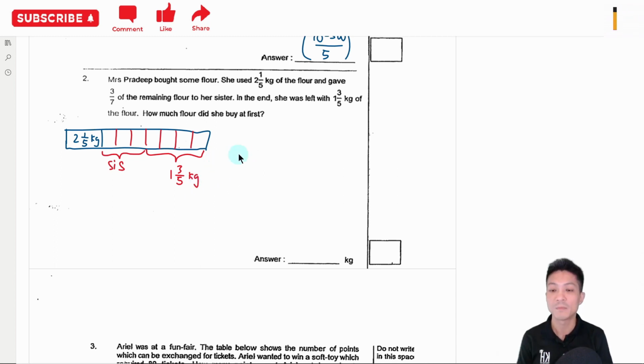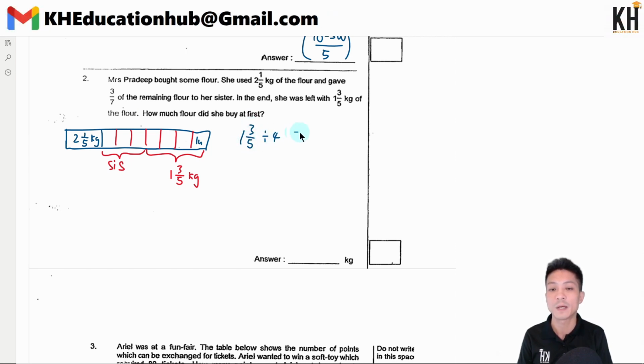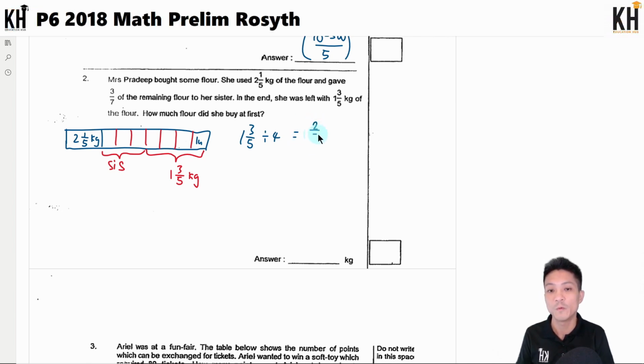How much flour did she buy at first? So your first step will be to find the so-called 1 unit here by using 1 3/5 divided by 4. 1 3/5 divided by 4 will give me 2/5 kg.